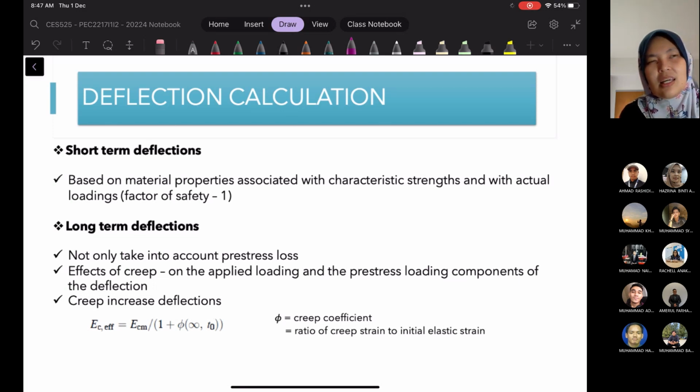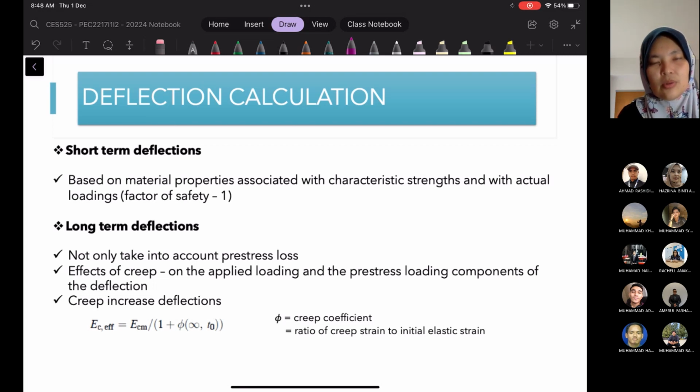Pasal deflection ni is basically related to the comfort of the occupants, right? So kita tak nak, we do not want our structure to deflect too much until it affected the function of the structure. Alright, so kalau kata dia deflect too much, kita pun tak selesa dah nak duduk dekat situ. Ataupun it could cause failure to the brick walls, to the partitions, right, due to the deflection, even though the structure has not failed yet, right? So excessive deflections, kadang-kadang dia boleh jadi excessive deflection.